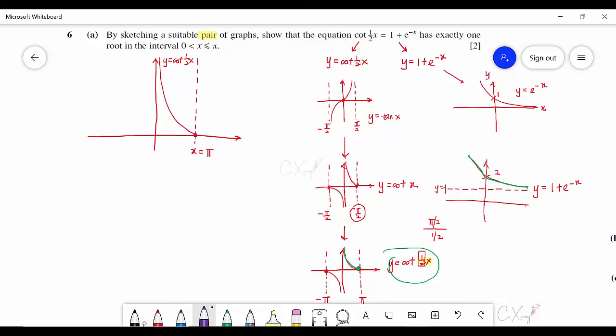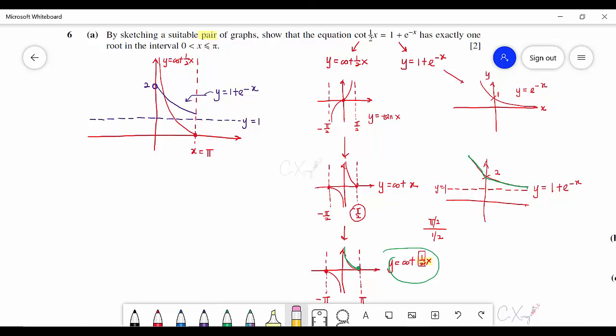Then I sketch y equals 1 plus e to the negative x. The line now is y equals 1, and my e graph will start from here, which is 2, and then go down. This purple graph will be y equals 1 plus e to the negative x.